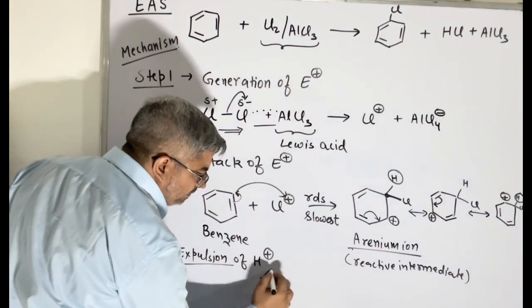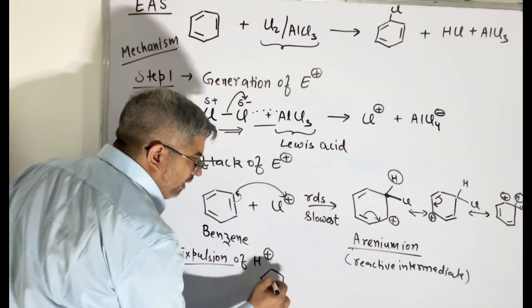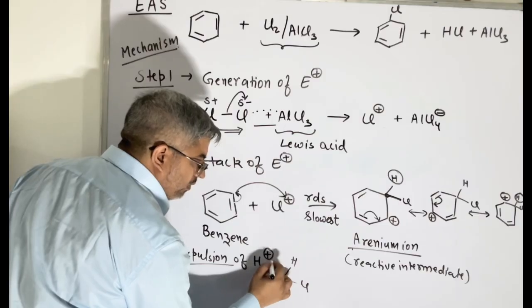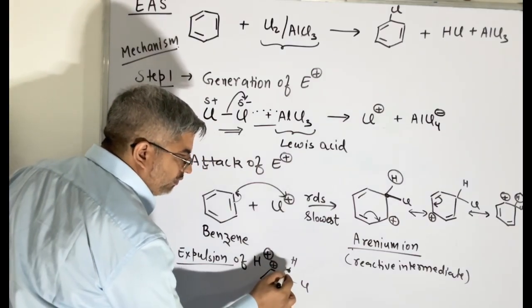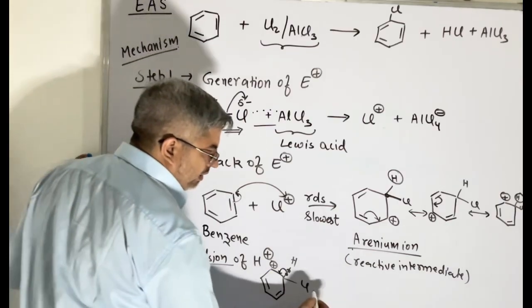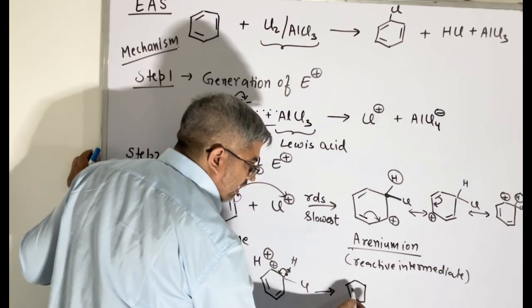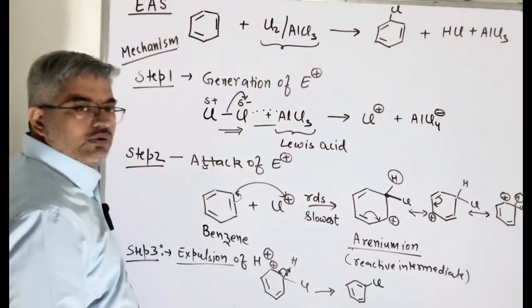This benzene, with that H and Cl, again wants to restore its aromaticity. Therefore these two electrons will become a part of this aromatic character, and it will form once again an aromatic compound, that is chlorobenzene.